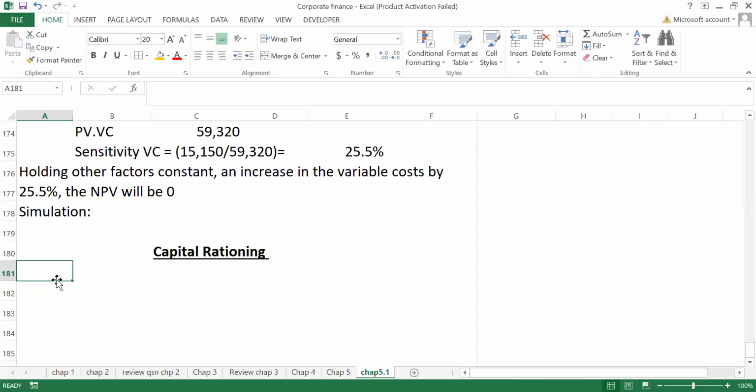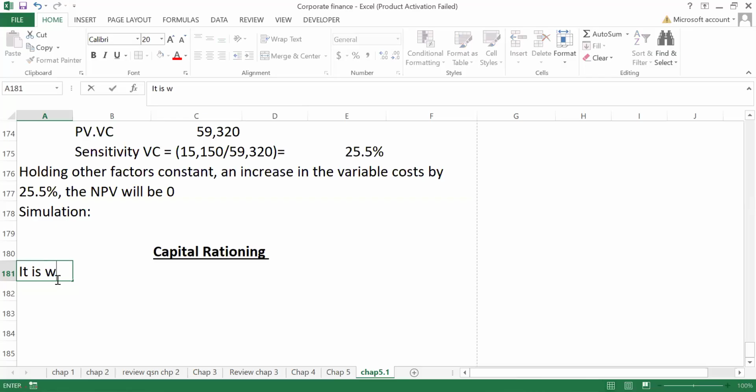But you find that the budget allocated to those investments is little. In that case, we say we are in capital rationing. So capital rationing is when the entity has insufficient funds to finance all its projects. That's what we call capital rationing.